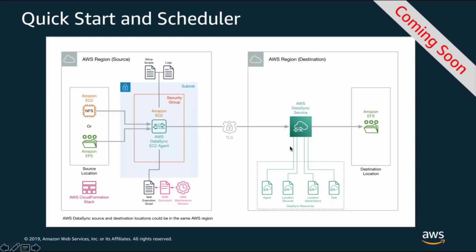So it's going to set up the agent, the source location, the destination location, and create the task for you based on that source directory and the destination directory. All of that will be created as a part of this. After about 3 minutes, you'll be able to see that you have the CloudFormation stack completed, you have an EC2 instance running, and you have all of these resources created within the destination region.